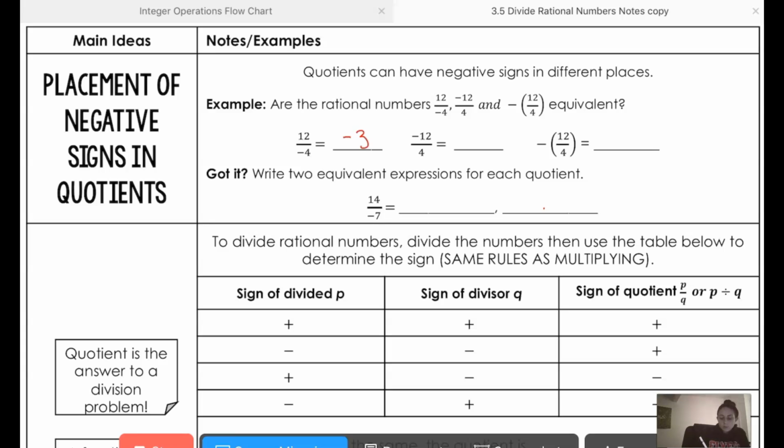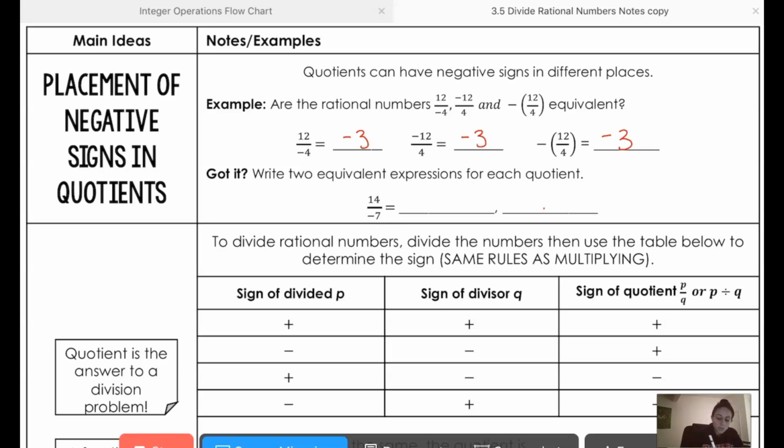Negative 12 over 4, or negative 12 divided by 4, is negative 3. And then negative parentheses 12 over 4, or 12 divided by 4, is 3, so it's negative 3. As you can see, all of those rational numbers came out to be negative 3, so they are all equal.